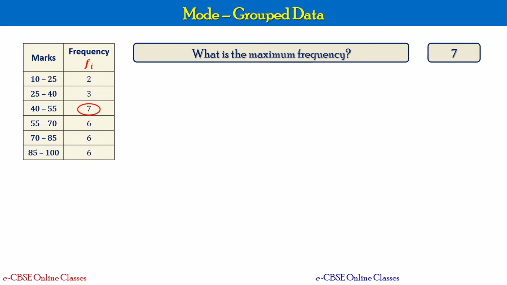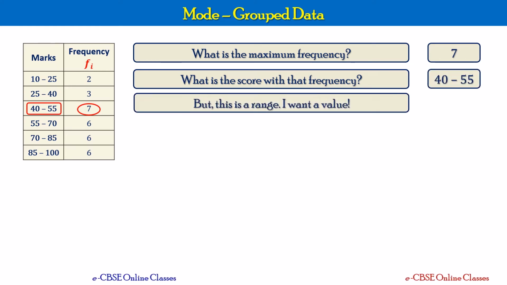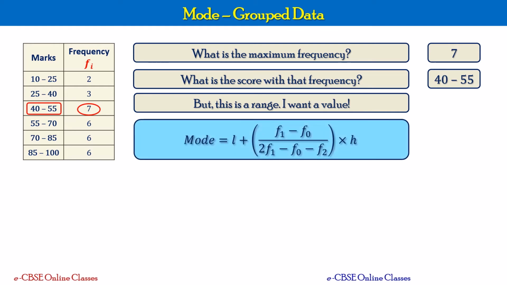And what is the score with that frequency? Here the score is 40 to 55. But that is a range, correct? What we need is a value. When we want to know the mode of given data, the mode is a value, not a range. For group distribution tables, the mode is calculated using a formula like this.